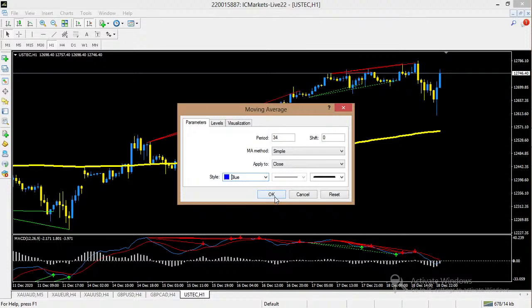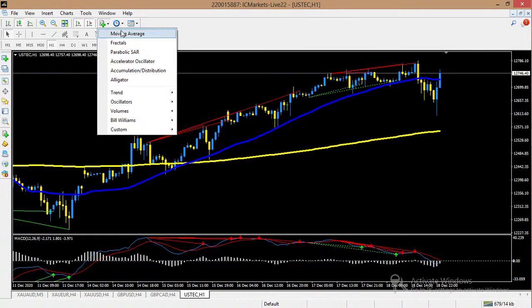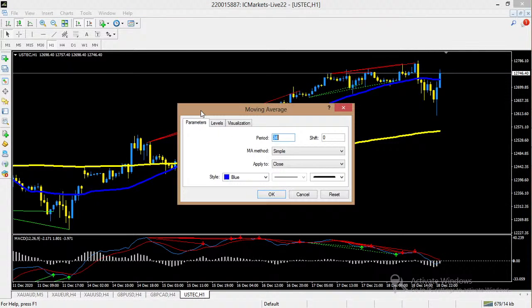I want to show you the secret of N3 and how to use multiple moving averages. Select indicator list, then you choose 10 moving average, then you set the method to exponential.